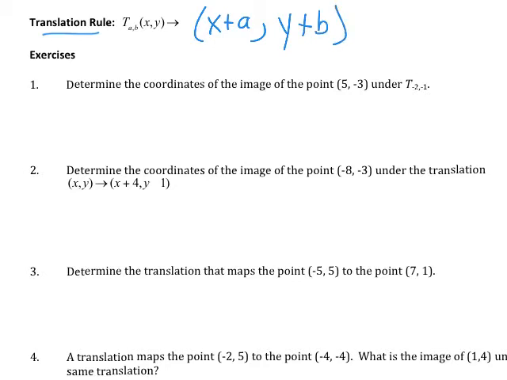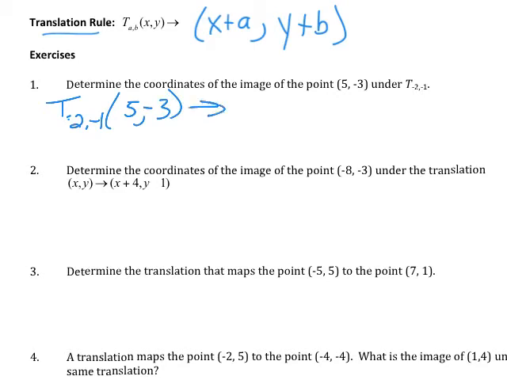So we're going to work through some of these examples in class, or here, and then we'll do some more in class. The first one, determine the coordinates of the image of this point. So here's my original point, here's my rule. So I'm going to add -2 to 5, and I'm going to add -1 to -3. So if I write the rule down, T of -2, -1, here's the notation. I'm applying that transformation, and I'm applying it to the point 5, -3.